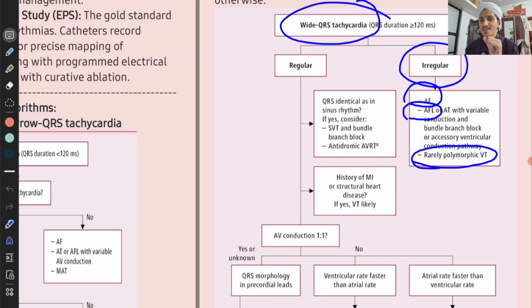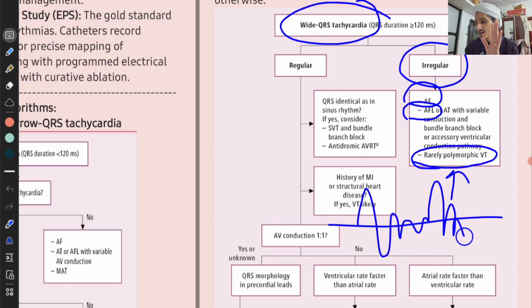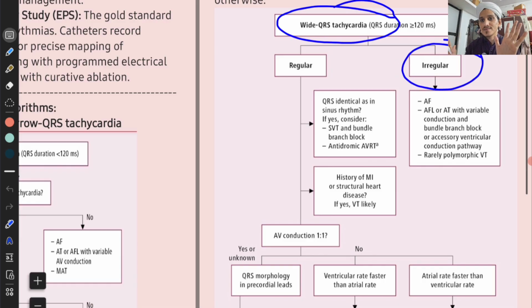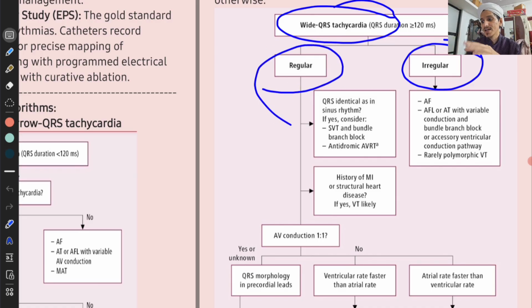Here you should not be happy, that is very typical, twisting around the points. So wide complex tachycardia with irregular rhythm, be happy, because it is AF or AFL with aberrancy, that's why it is presenting as wide complex tachycardia. But if it is a regular wide complex tachycardia, then you should differentiate now.